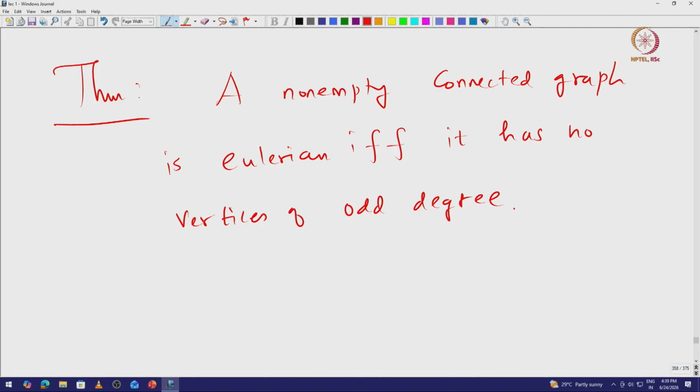In particular, you can look at the Königsberg bridge problem. If you recall, the graph of that looks like this. You have these 4 vertices which represent the lands, and the edges are the bridges between them.